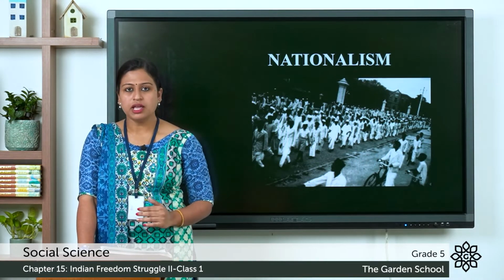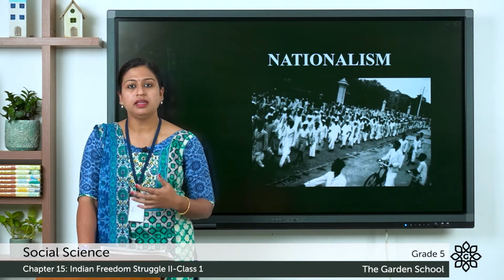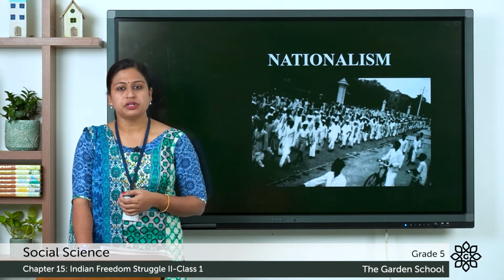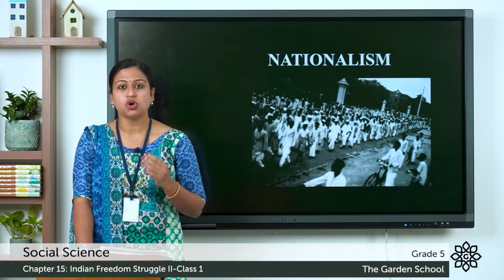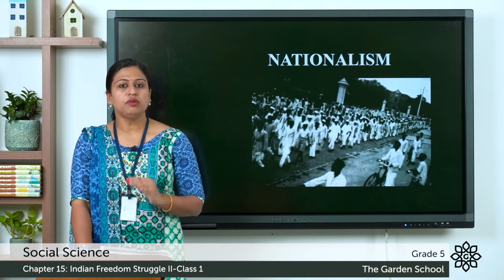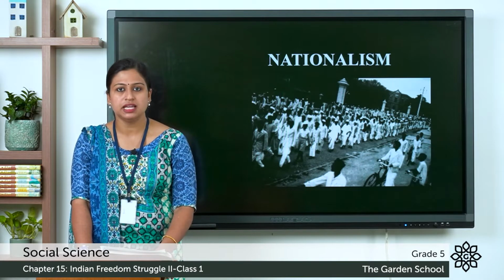And gradually, the Indian people started to protest and they launched many movements against the British, and many Indians joined these movements for gaining independence. And we will be discussing these movements in this chapter in detail.